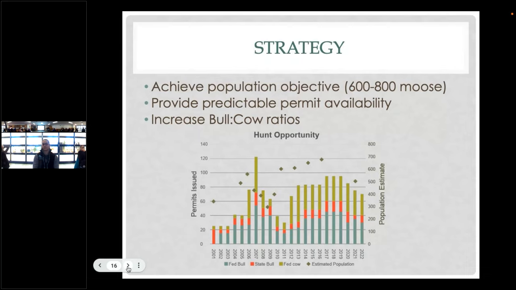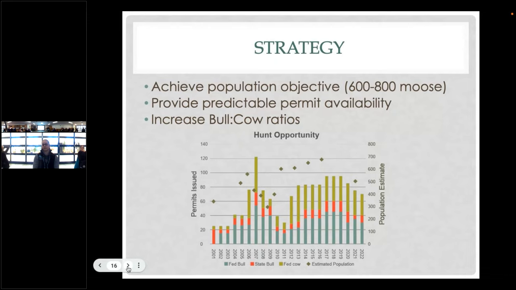And the population in these diamonds responded the same way. And so I'm trying to provide something that's just a little smoother, because I think the public prefers more gradual changes, and maybe would like to forego some opportunity in the short term to have a more sustainable and predictable opportunity. So that's one of the things that I'm seeking to do.